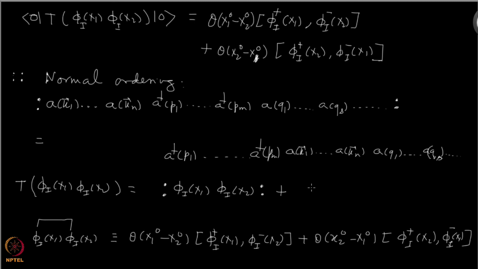So here I will write phi I x1, phi I x2, and I should take the contraction of these two. That's the result that I have proved. Now let's identify what this contraction is. It is something we have already studied, and I will quickly show you what that object is.